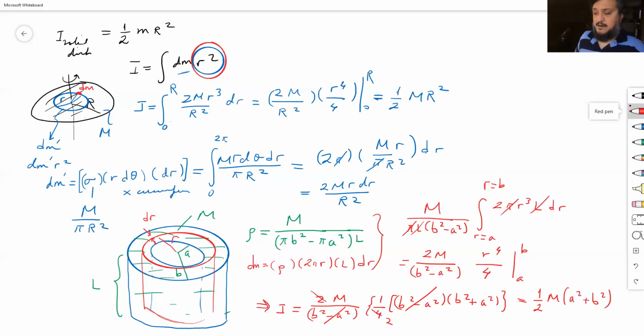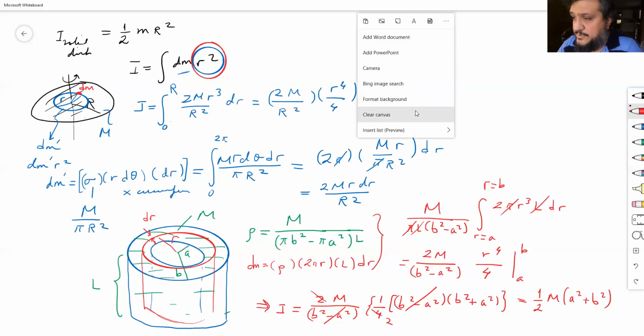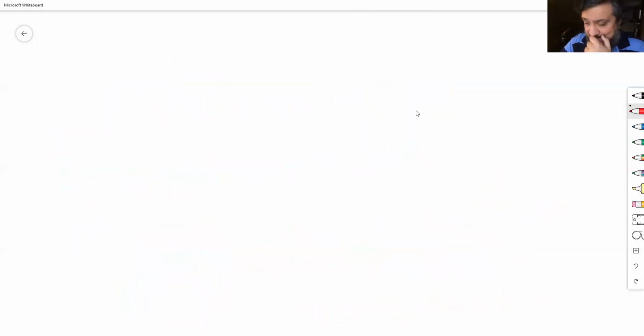Okay. All right, so how about a sphere? How about a sphere? Let's clean this up. Okay, for a sphere, let's start with a hollow sphere.